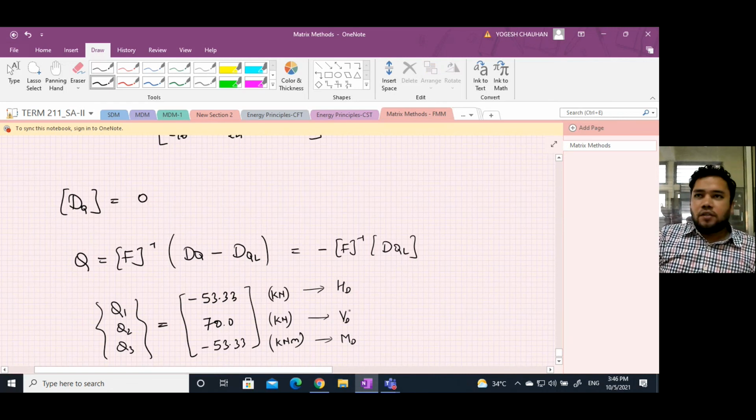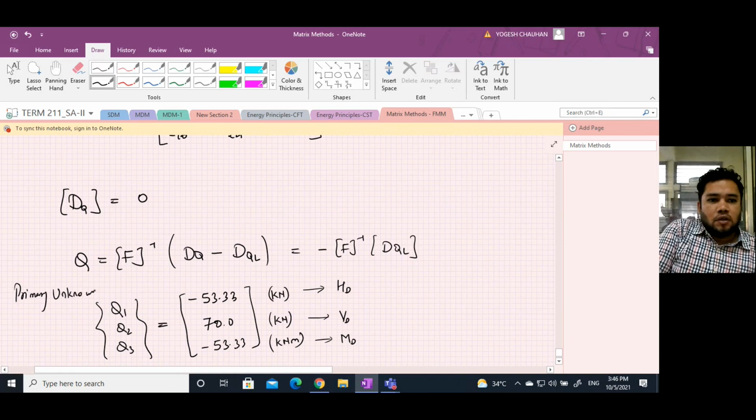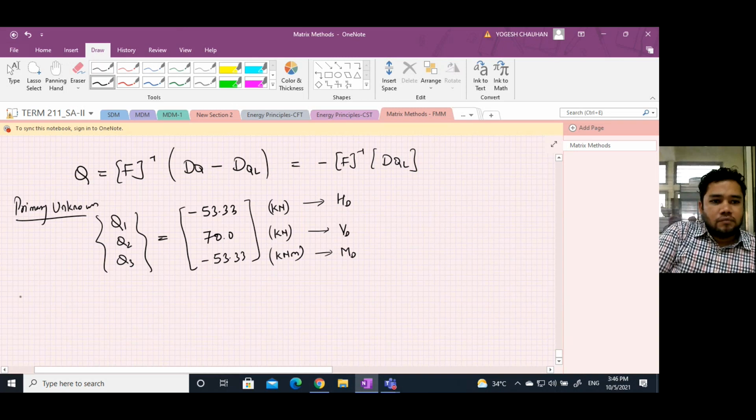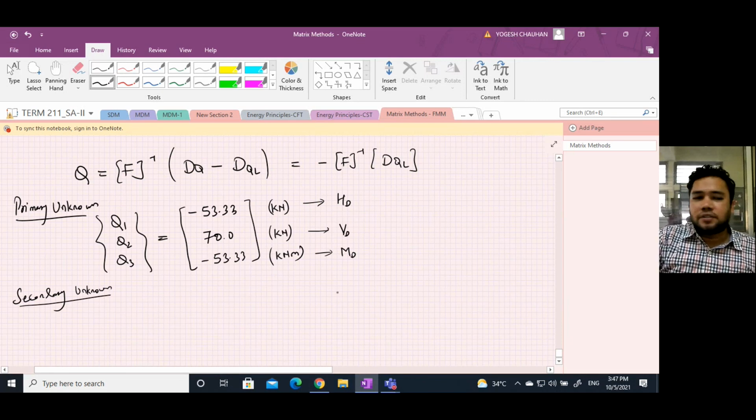And once you know the redundant, you can find the secondary unknowns. So this is our primary unknown. You can find the secondary unknowns like reactions, as discussed in earlier example. The formula will be same. Or member end actions you can find using these values of the redundant.